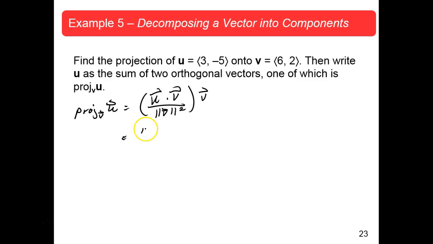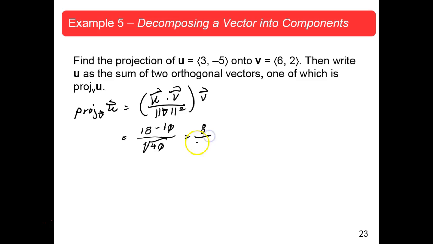It's 18 minus 10, which is 8, over square root of 40.